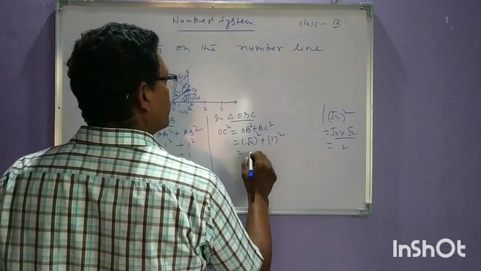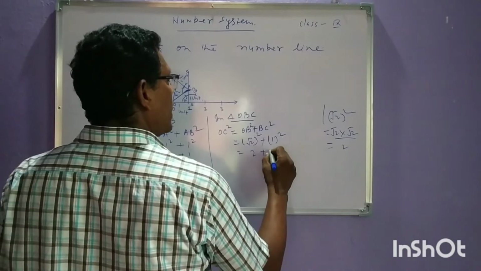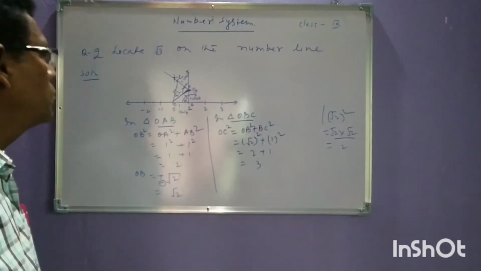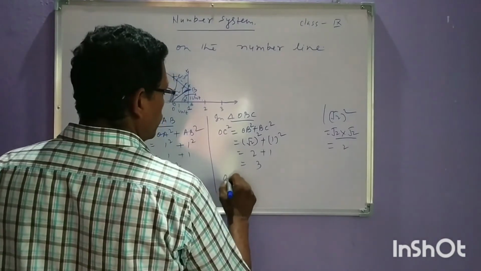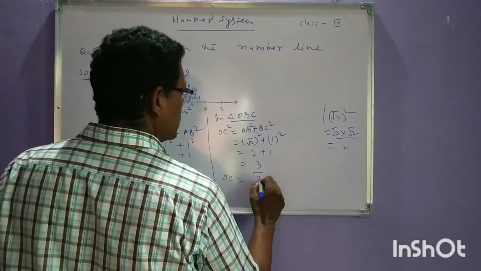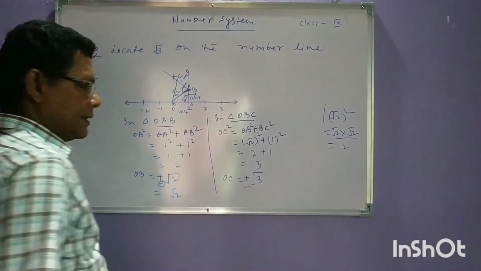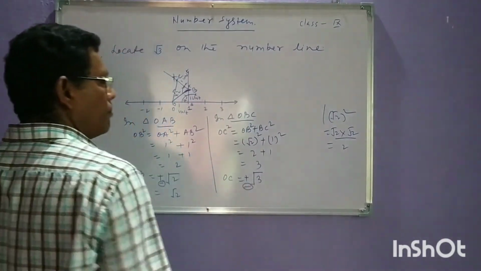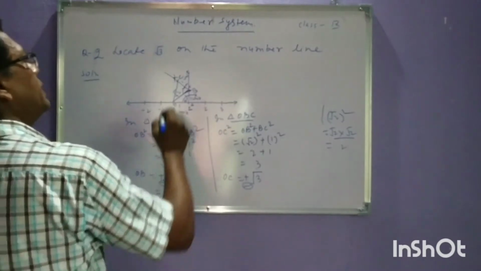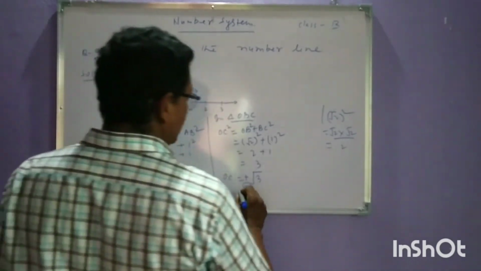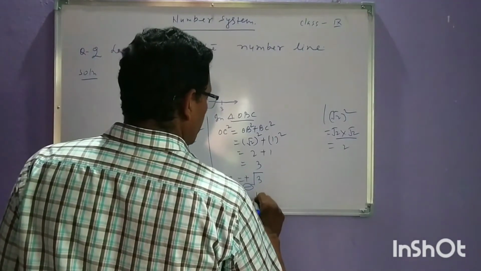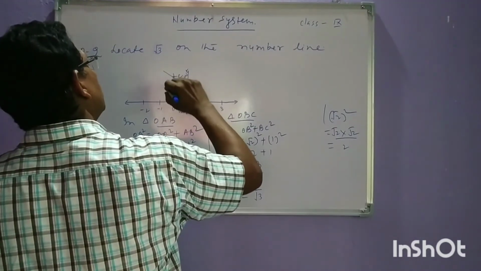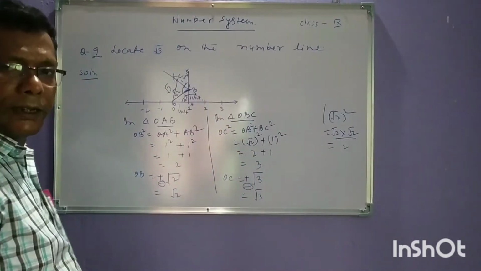So root 2 square equal to 2 and 1 whole square 1. So 2 plus 1, 3. Therefore, OC equal to under root 3 with plus minus. But we leave minus as distance is never negative. So OC equal to root 3. So this OC is root 3.